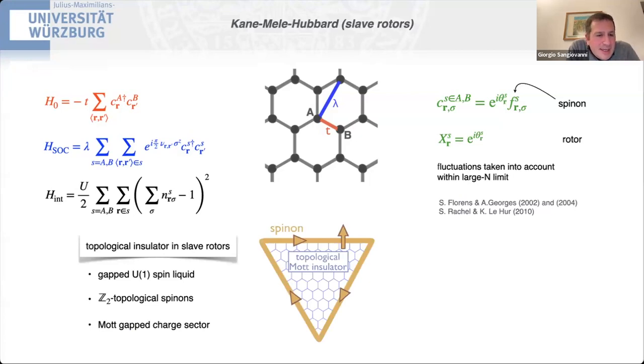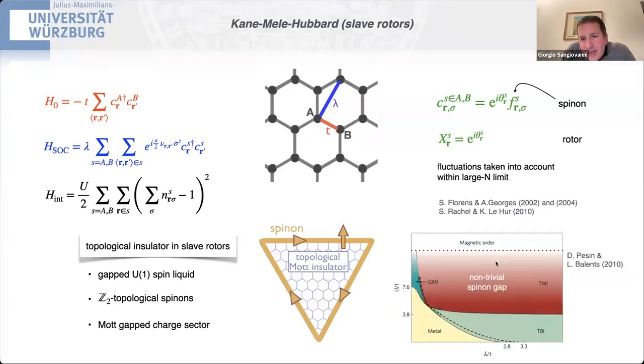And in this case, we find, as already found by Stefan Rachel and Karyn Le Hur, a gapped U(1) spin liquid in which we have bulk spinons that are inverted and edge spinons that go around our sample, with instead a charge sector that is gapped.